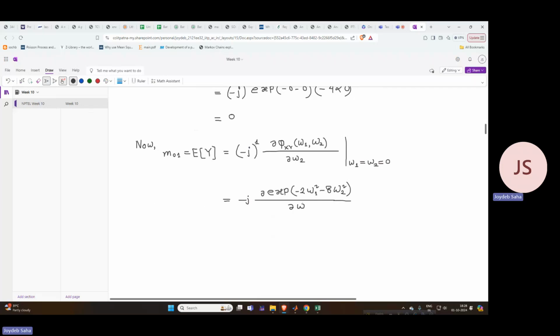Derivative with respect to omega 2. The condition is the same, omega 1 is equal to omega 2 is equal to 0.